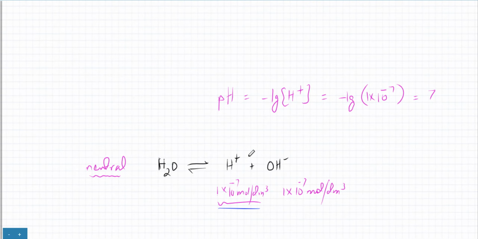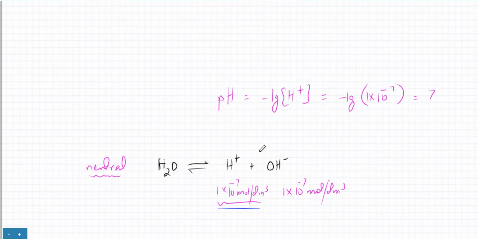Every solution contains water. Every cell that we have contains water. So the balance of H plus 1 and OH ions is very, very important, because if this balance changes in the solution, then your reactions would stop happening, or those that are not happening would start happening. And so everything depends on this.